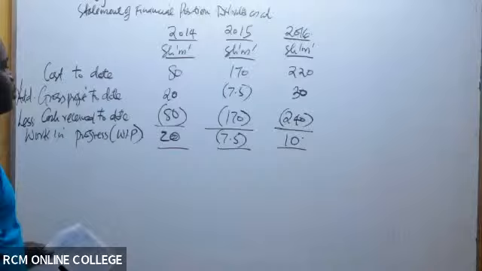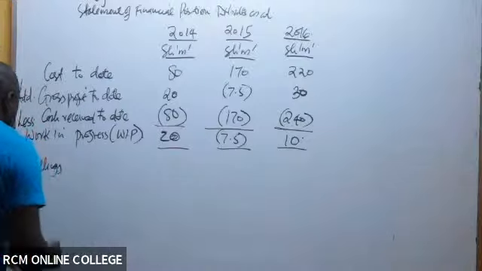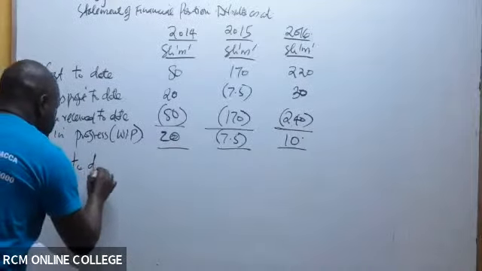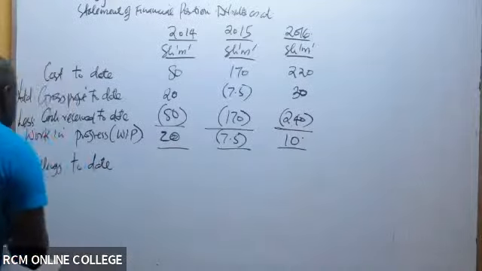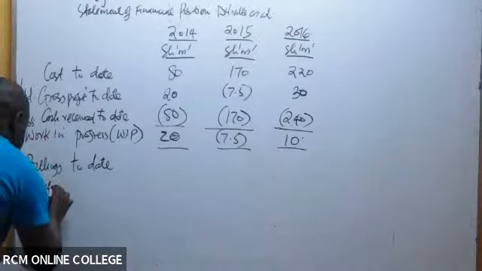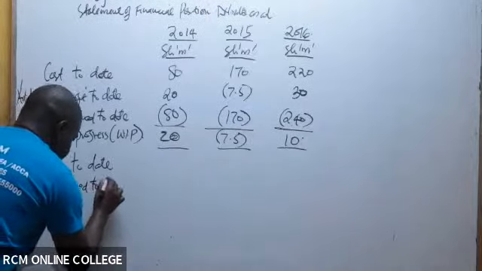So we say to get the trade receivables or trade payables, you take the billings to debt, you less the cash received to debt.